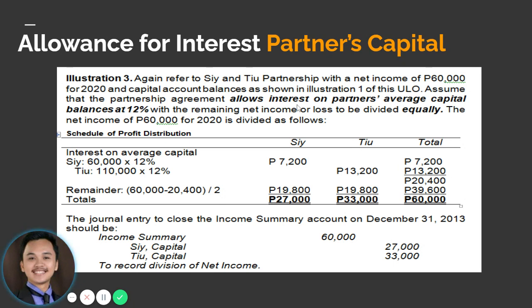Asa nato i-base ang allowance? So ang allowance for interest is based on partners' average capital balance at 12%. So it's at 12%. So assuming that we will be using the average capital balances of 60,000 and 110,000 which is computed earlier.